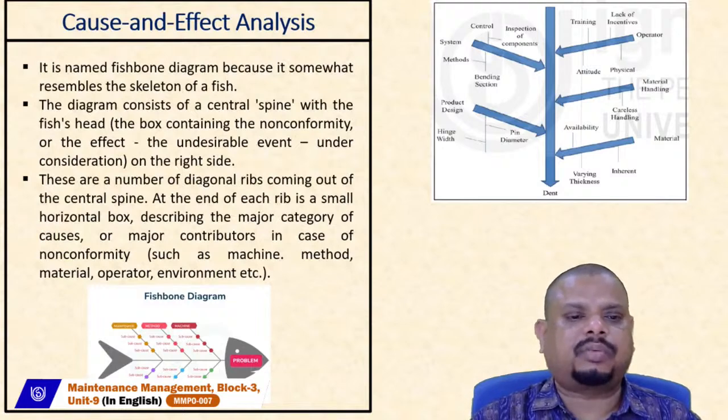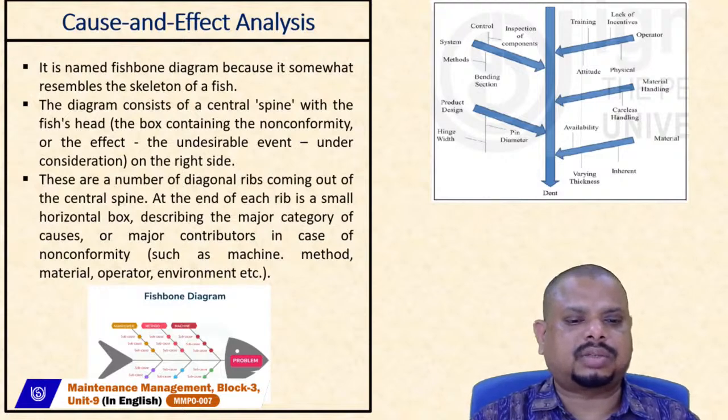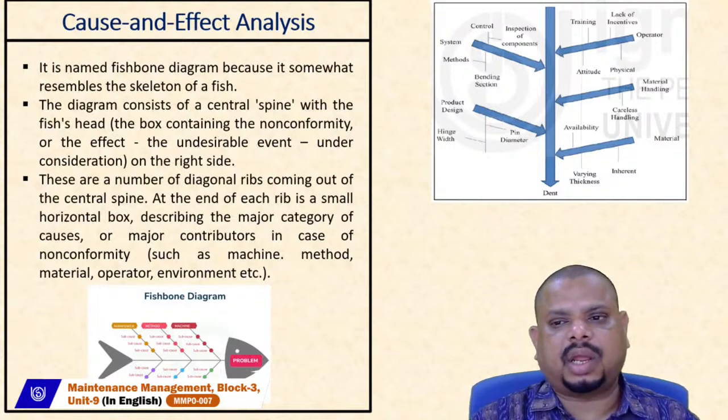There are a number of diagonal ribs coming out of the central spine. At the end of each rib, a small horizontal box describes the major categories of causes and major contributors to non-conformity, such as machines, methods, material, operator, and working conditions.